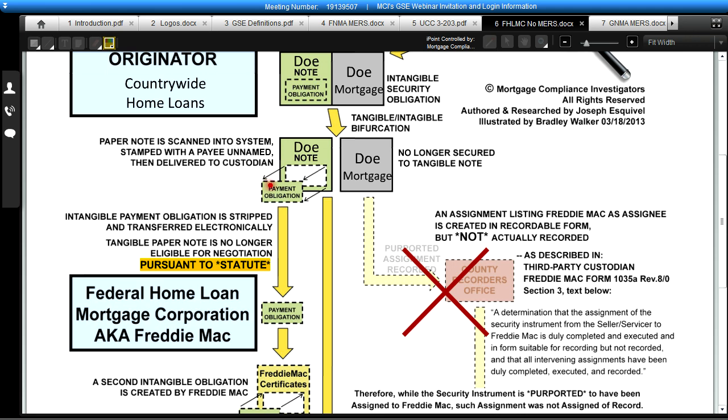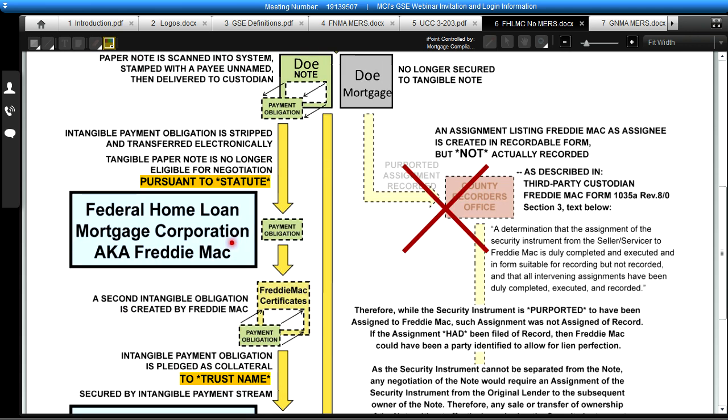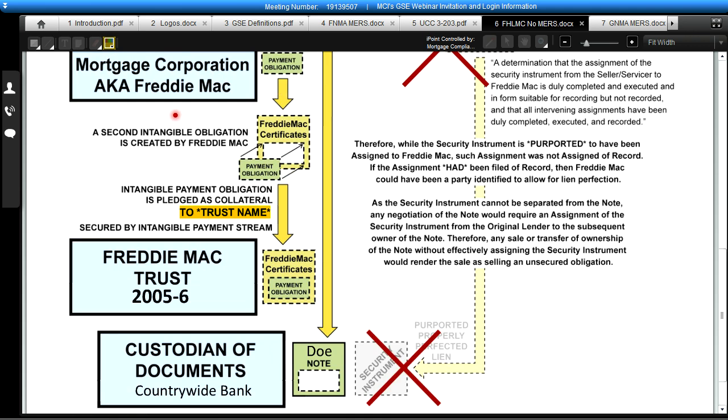At that time, Freddie Mac has this payment obligation, and Freddie Mac creates a second intangible obligation. This second intangible obligation is put into certificates, and it is pledged as collateral to the Freddie Mac Trust, again in this case 2005-6, and it is secured by the intangible payment stream.